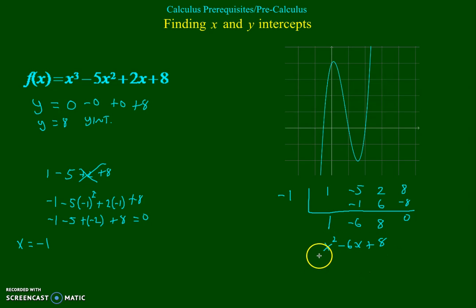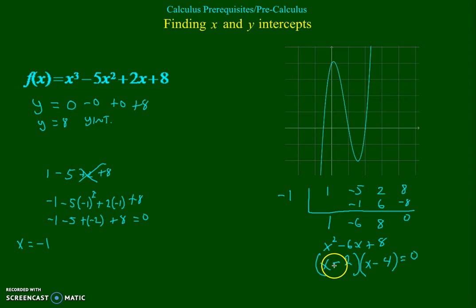All right, now let's see if we can factor this really quick. This is positive, so these are both going to be negative because that sign's negative. And let's try 2 and 4. x squared minus 4x minus 2x plus 8. So there we go.